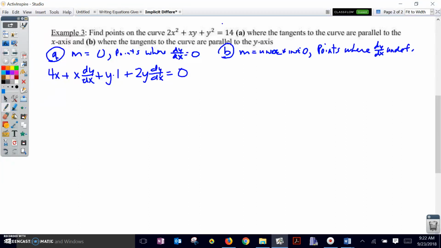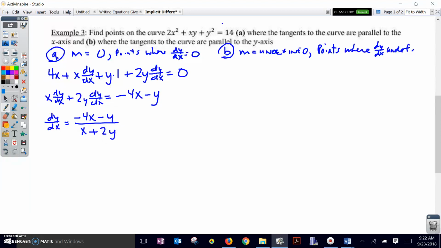Okay, now solving this for dy/dx, we've got x dy/dx plus 2y dy/dx is equal to negative 4x minus y. And so dy/dx is equal to negative (4x minus y) over (x plus 2y).